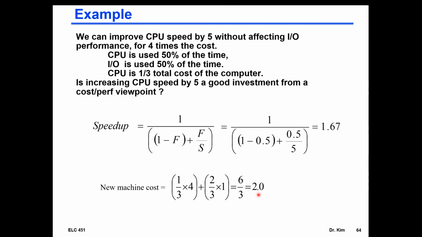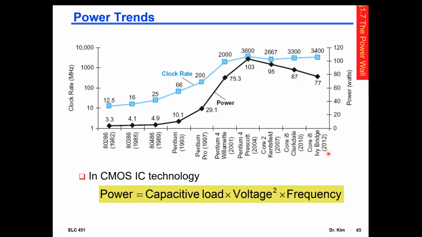So overall, we are spending twice as much on the new machine, okay? But we are not doubling the overall performance. So it's not a good investment from a cost performance perspective.